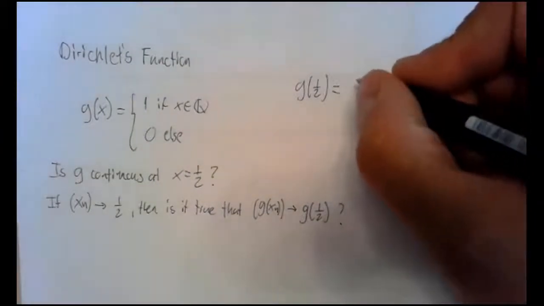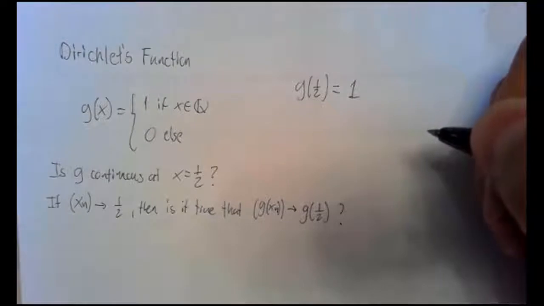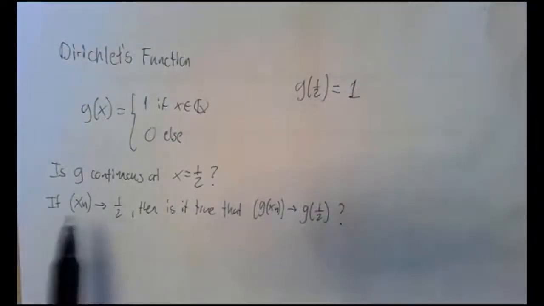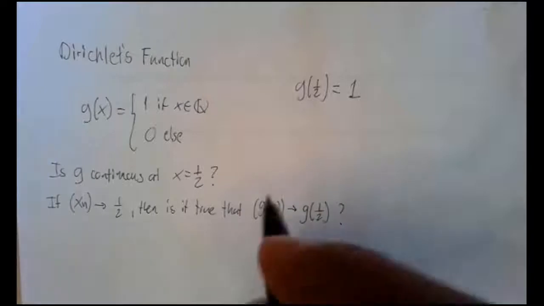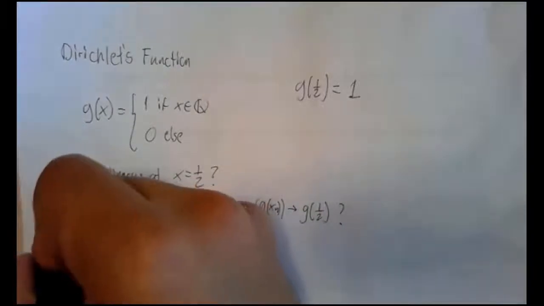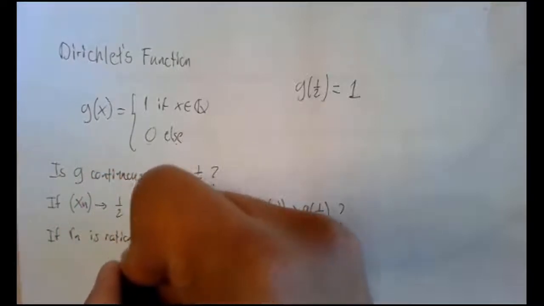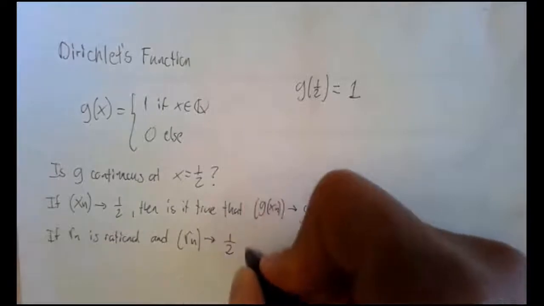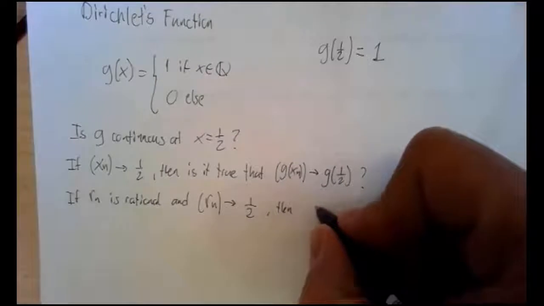So in this case, g of 1/2 is 1, right? It's a rational number, so g of 1/2 is 1. And then here's the thing, though. We can get a sequence of rational numbers that get close to 1/2, right? So if Rn is rational and Rn approaches 1/2, then what is g of Rn?